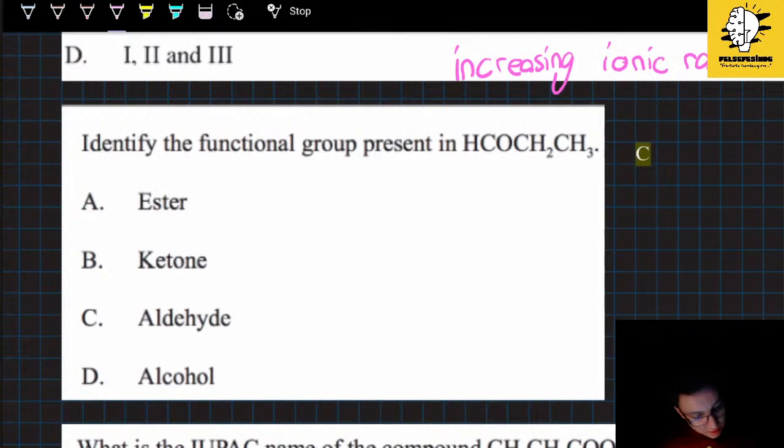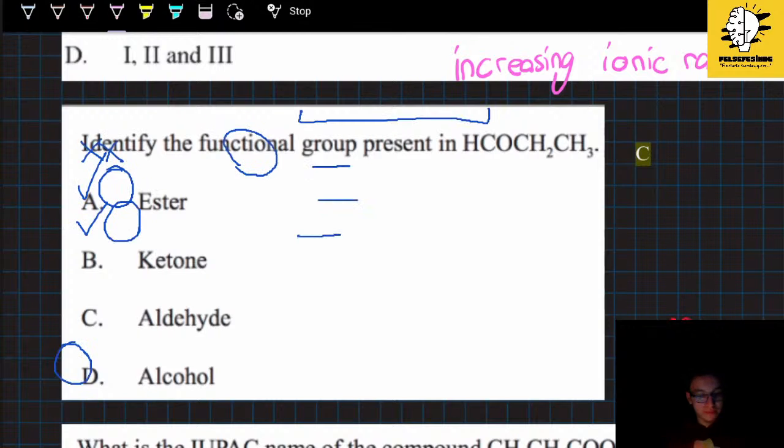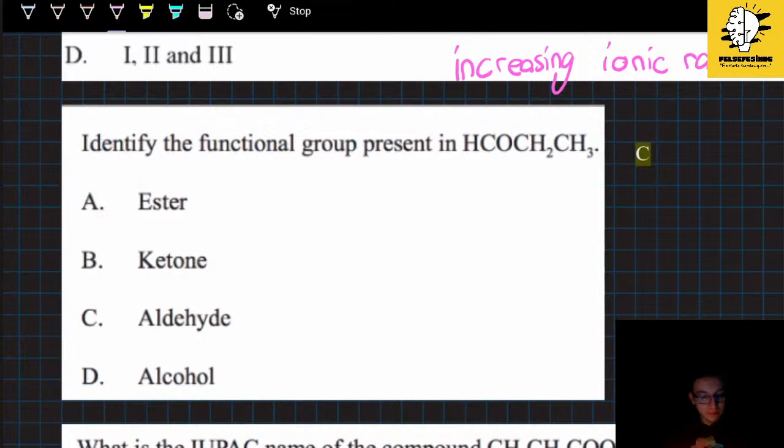Okay, again, let me make you annotate. All right. So it says identify the functional group present in this structural formula. So I think we should first draw the structure here. It says COCH2CH3.